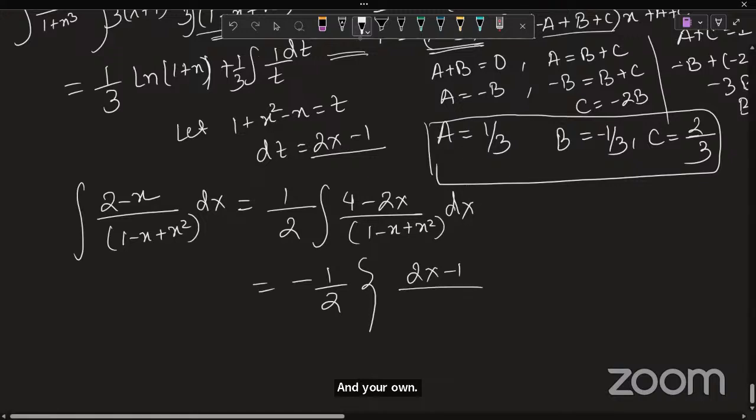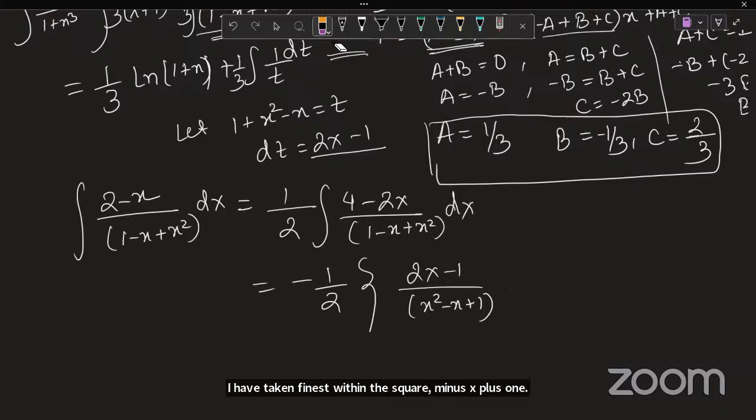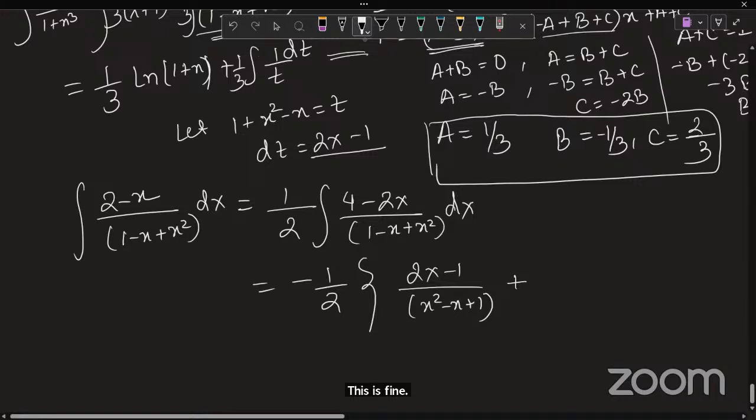I have taken minus, then the numerator will be x square minus x plus 1. 5 by x square. It will be plus or minus. Right. Plus 6. Minus integration of what? 5 by dx upon x square. No, not 5. I have taken minus common.